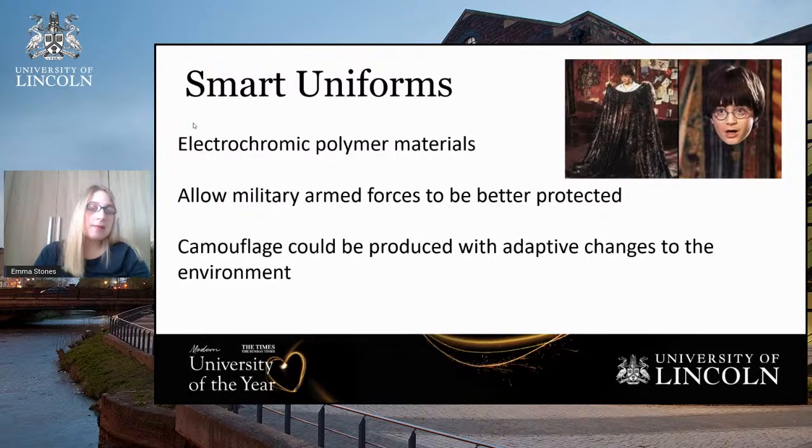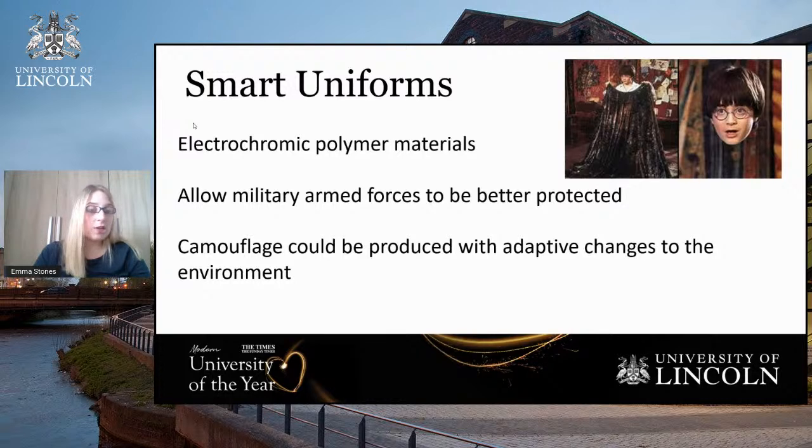So electrochromic polymers are smart materials that change in response to a voltage being applied. This voltage doesn't always have to be very big. It can be quite a low voltage that's applied. However, the change, as you'll see on the next slide, is quite drastic and quite dramatic. So again, it's really a useful type of technology.